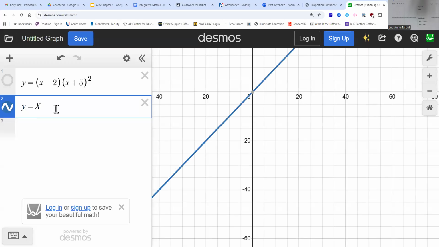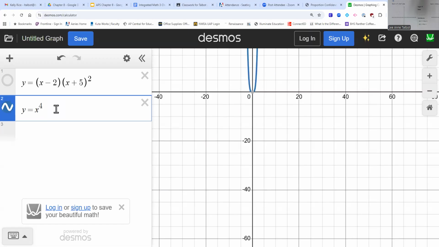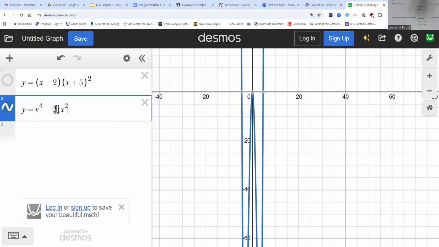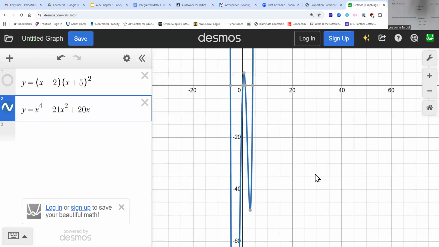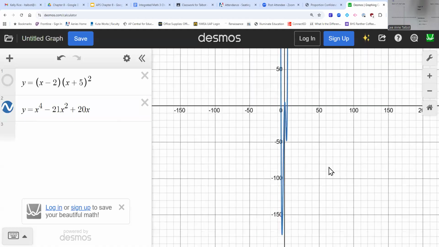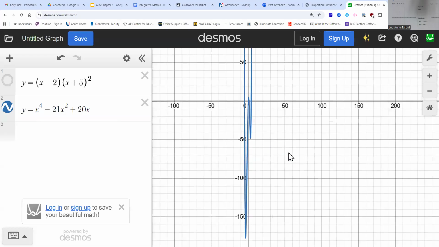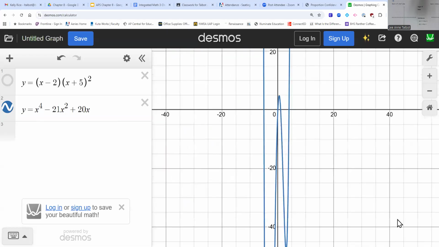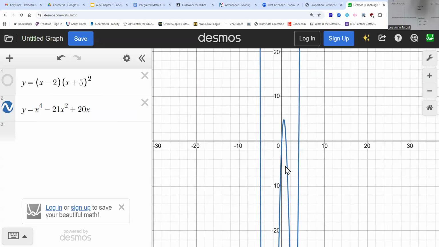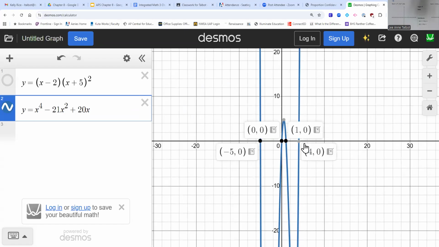X to the 4th. I don't know why it's capital. Minus 21x squared. Plus 20x. Oh goodness, this is what it looks like. It's got one really long loop down here and one short loop here, but I'm going to zoom in so you can see the roots. There's one here, one here, one here, and one here.